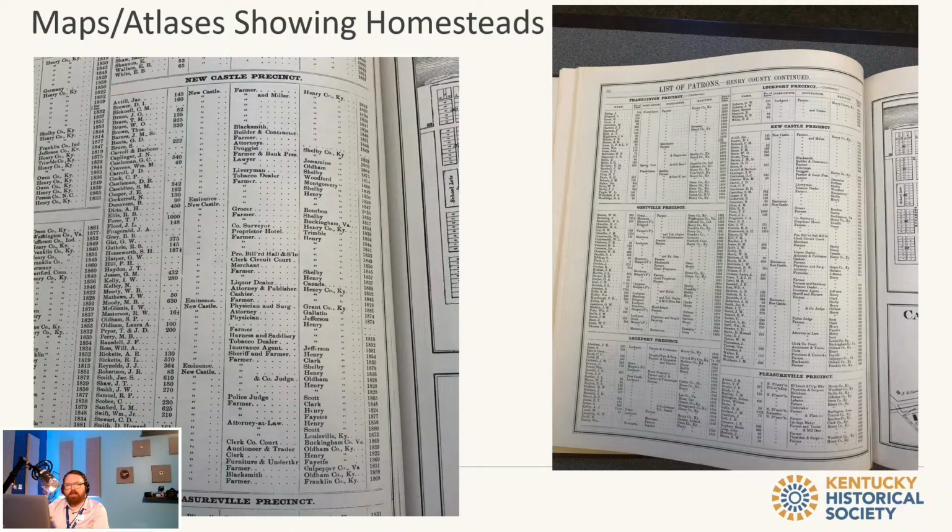And I feel like, especially these types of atlases and maps that have these lists and charts and show land acreage and occupations and things like that, if you find the right county and time period, you may potentially find something like this for your own ancestor. And then that can help you fill in the gaps that you have in their information.